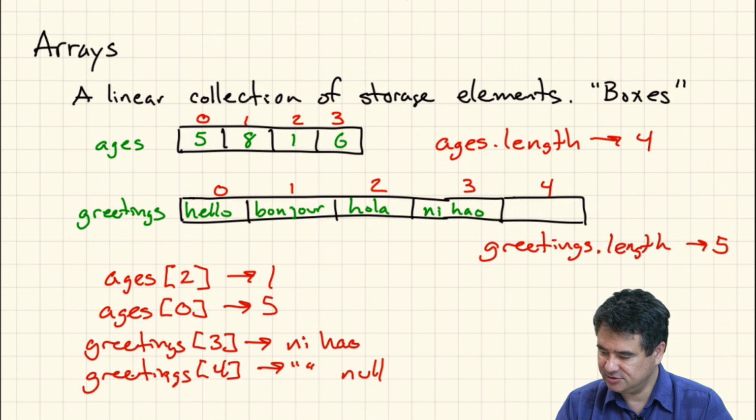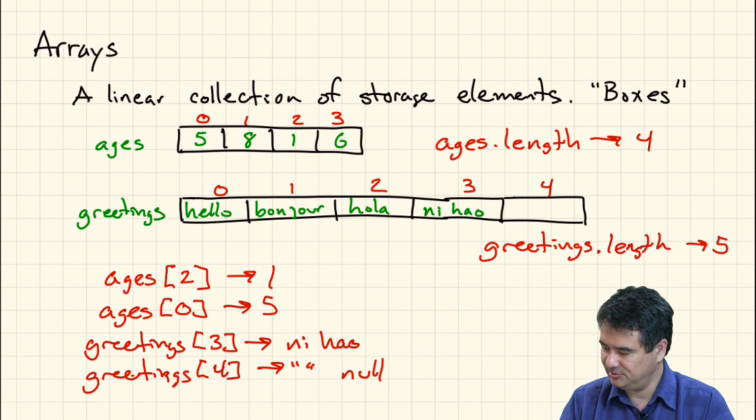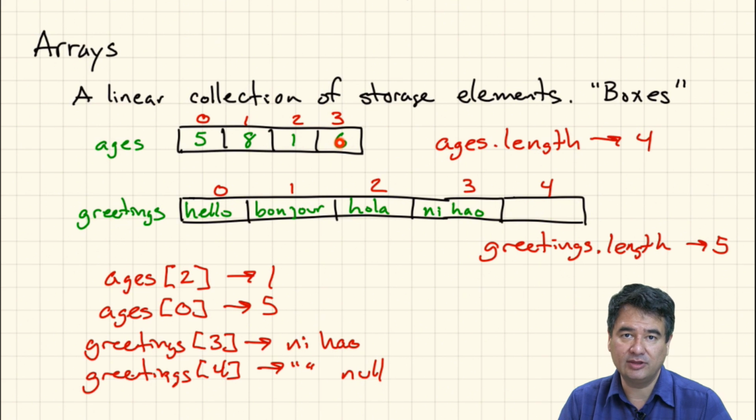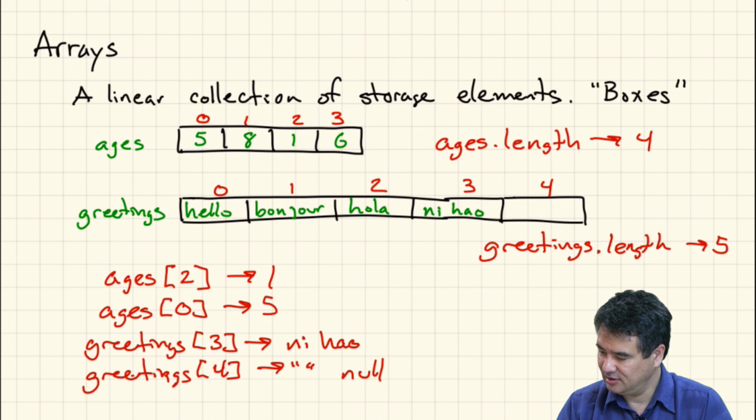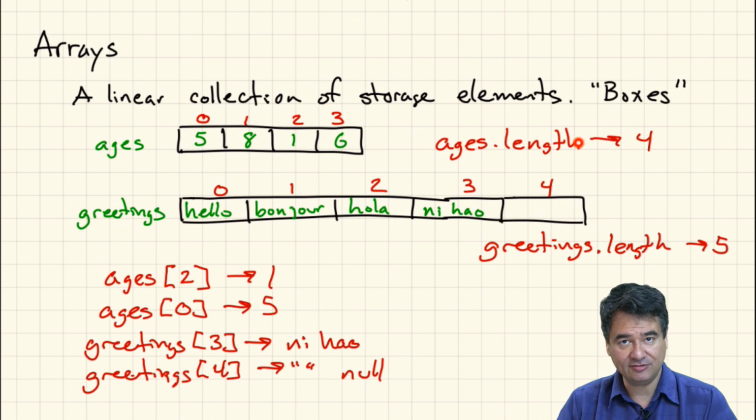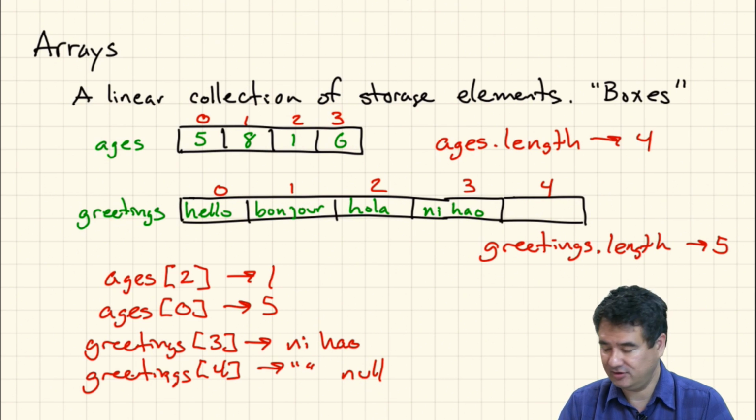So before we show some actual coding examples, one of the things that you might want to do is look at the last element of the array. If I don't even know the element number, if I don't even know the length, how can I look at the last element? And so what you can do is use the fact that you can ask the array how long it is, and then get that number, subtract 1, and that'll give you the very last element.